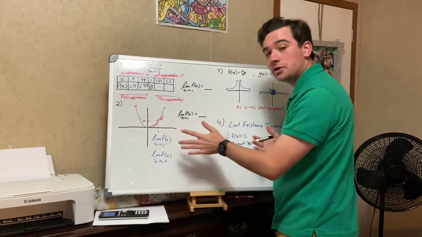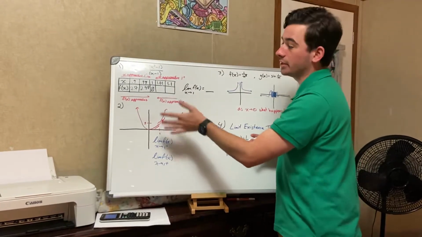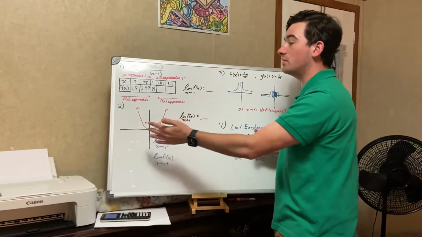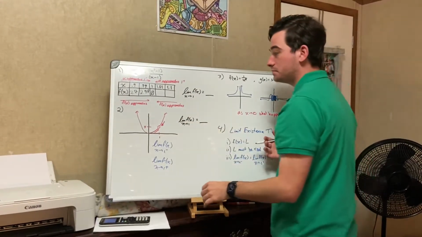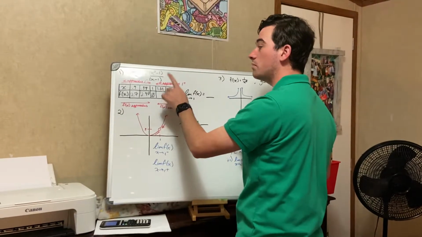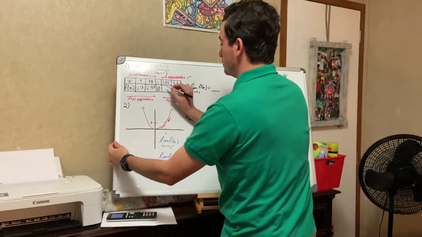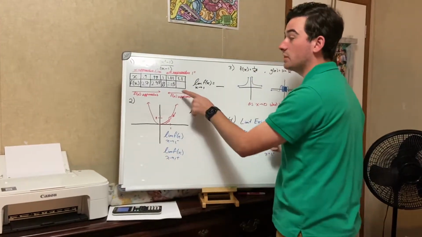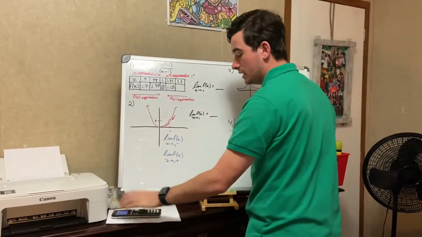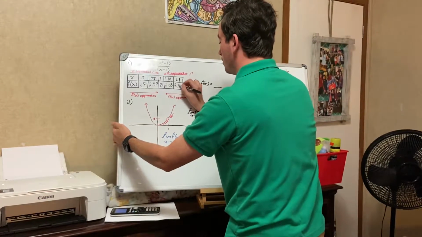Now, it may be too early for some of you to recognize a pattern, and granted it's only 2 boxes, but I feel like whenever I put in the boxes on the other side, you're going to notice a pattern here. So if you're to plug in 1.01, you get 3.03. Okay, and if we plug in 1.1, we get 3.31.